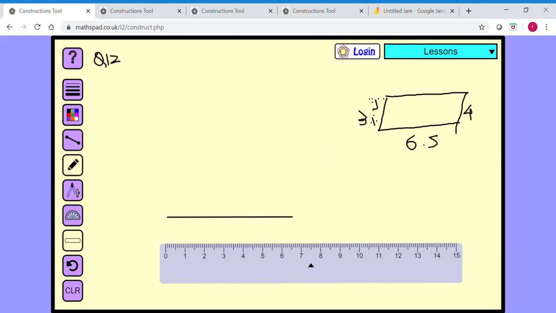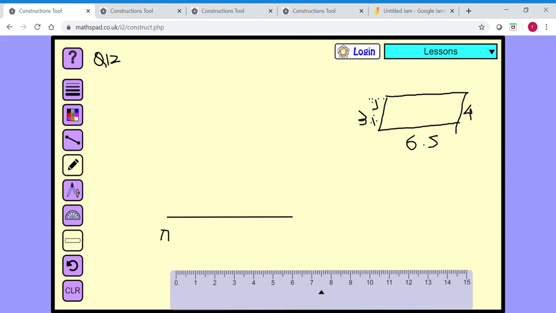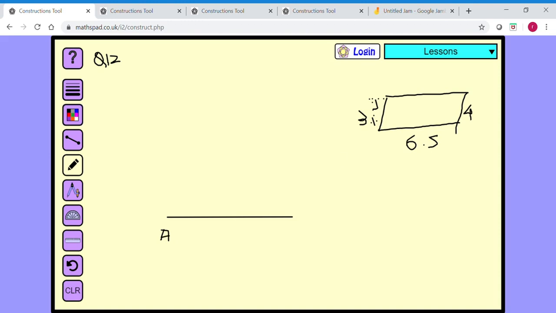Yes, so this is AB of length 6.5. Let me just mark it. This is A, this is B, this is 6.5 centimeter. Now I need to make my height of 3.1.